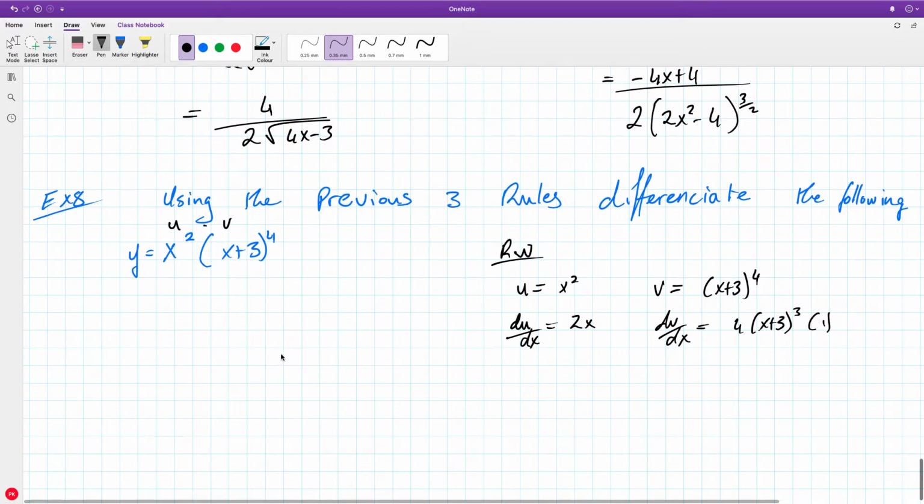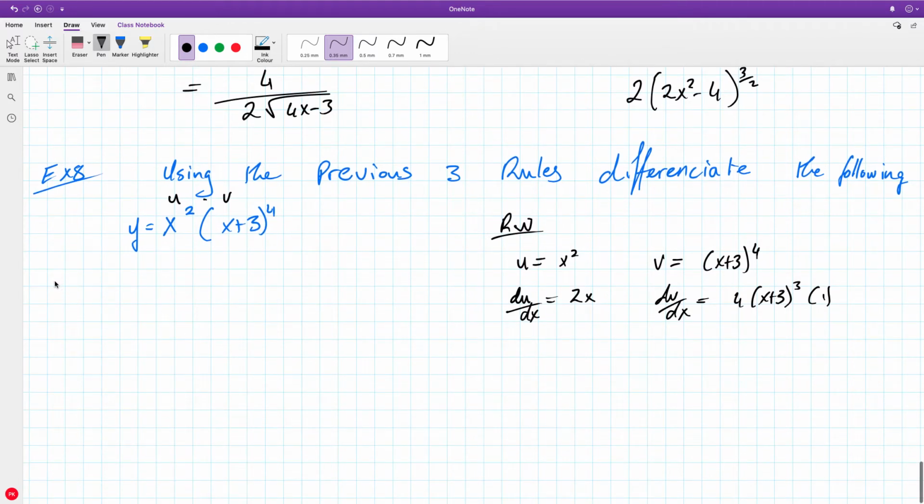So then it's u dv/dx. So u is x squared by dv/dx, which is 4 times x plus 3 cubed, plus v, which is x plus 3 to the power of 4, by du/dx, which is 2x.